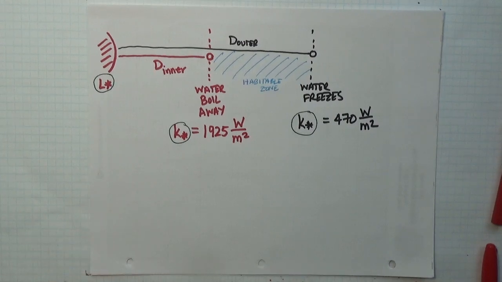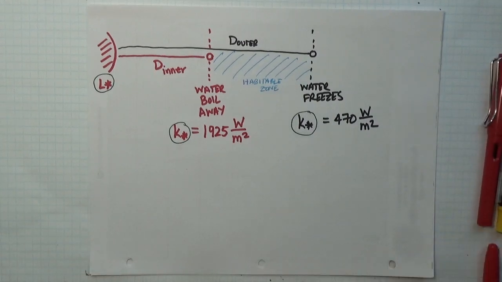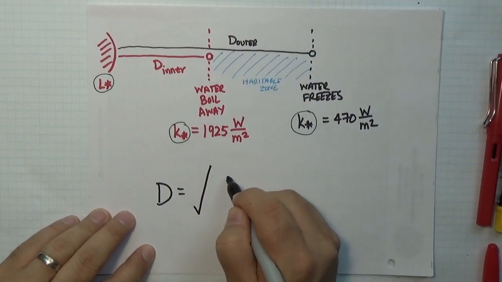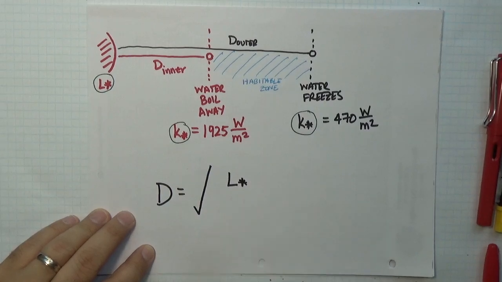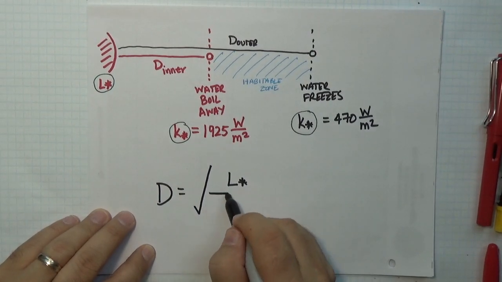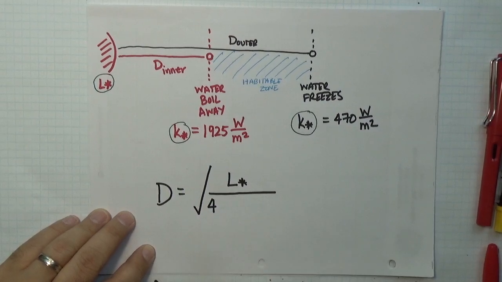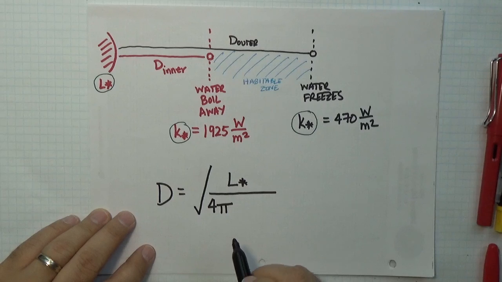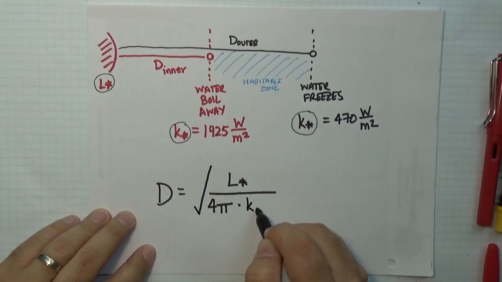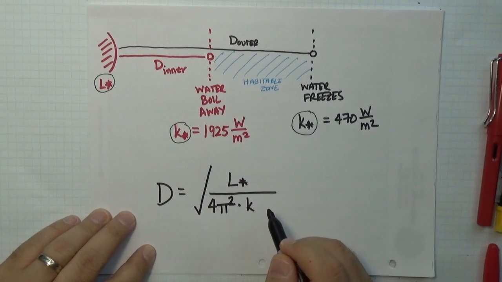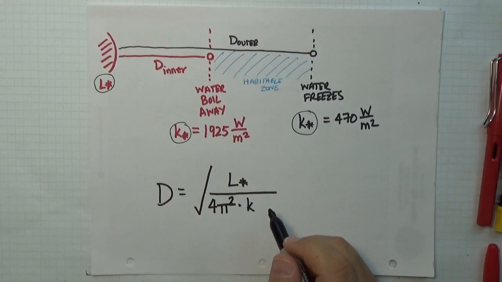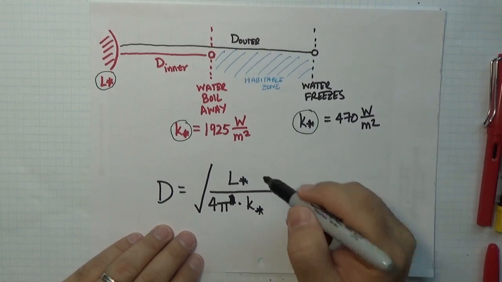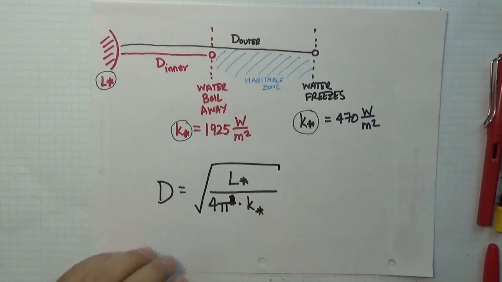That distance d is given as the square root of the value of L star, which you know, divided by 4, which you know, pi, which you know, or you can look up, times the value of K star that you happen to be interested in.